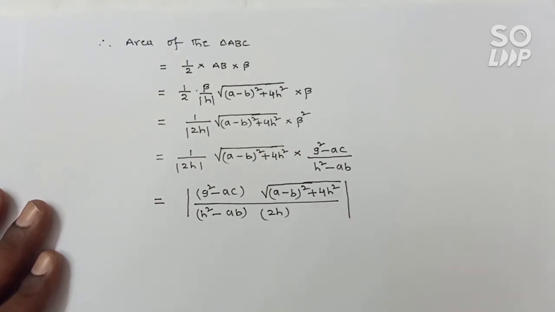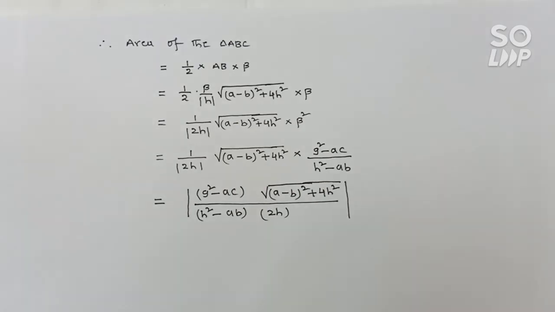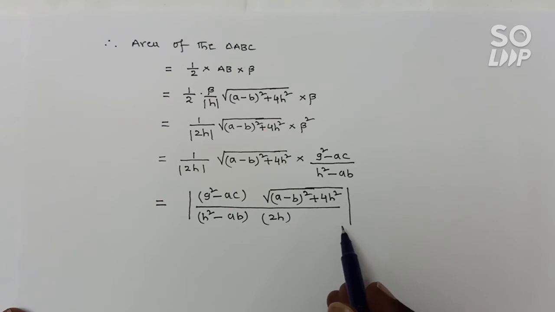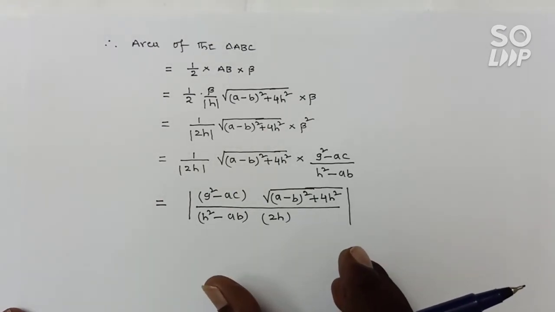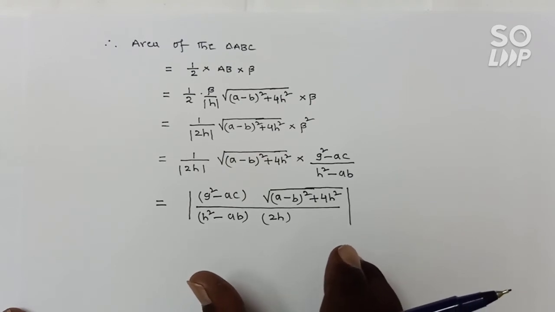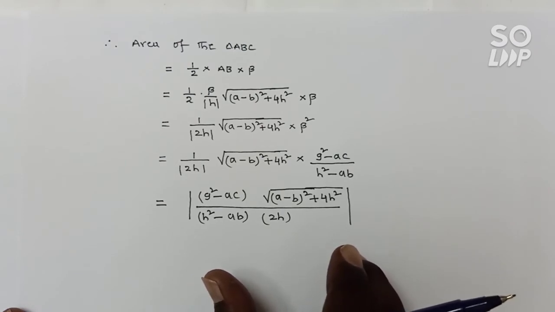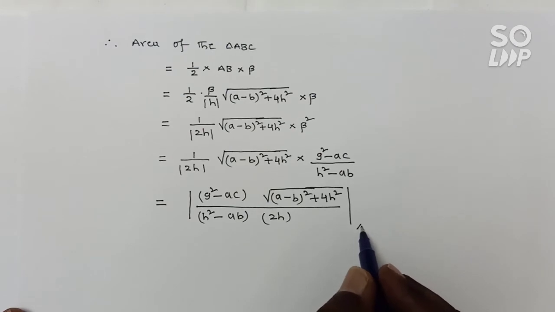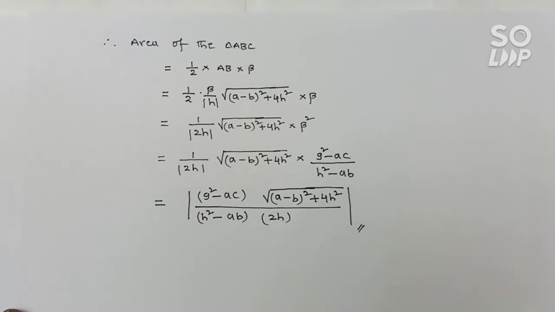So this is the area of the triangle formed by the pair of angular bisectors of the non-homogeneous equation with the x-axis. Okay, this is the required area.